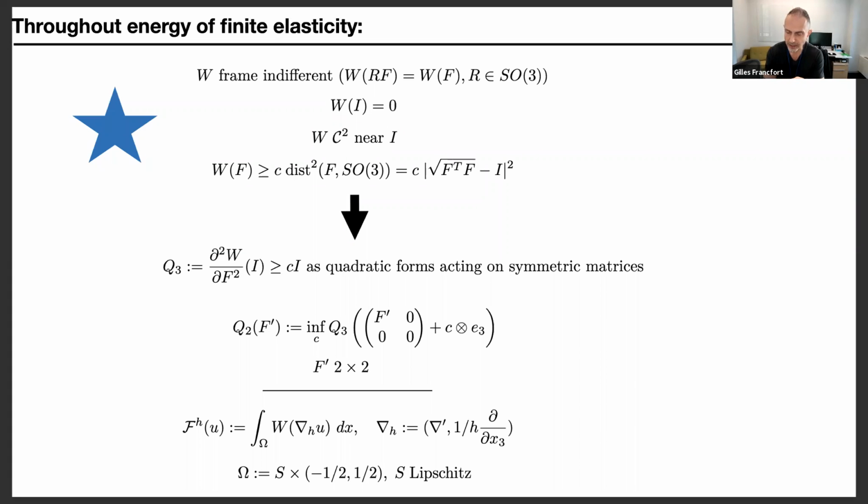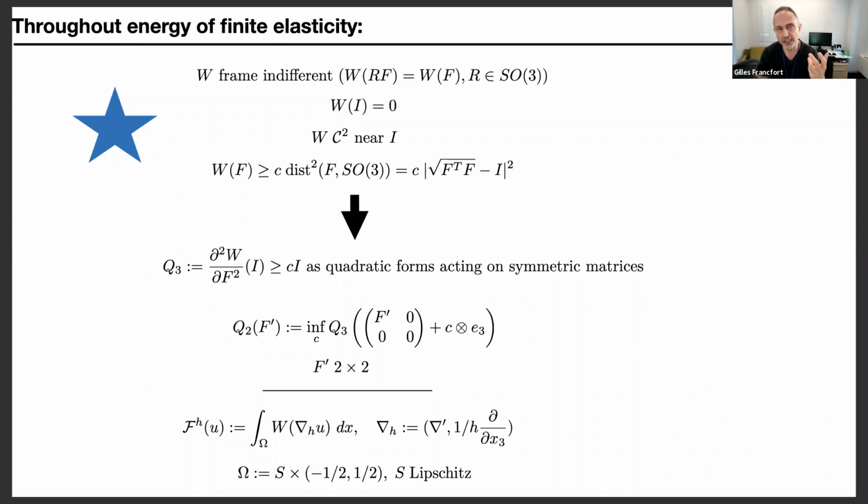Throughout my talk, I'm going to consider the energy which is thought to be the right one for finite elasticity. That is, I'm going to be within the setting of hyperelasticity.